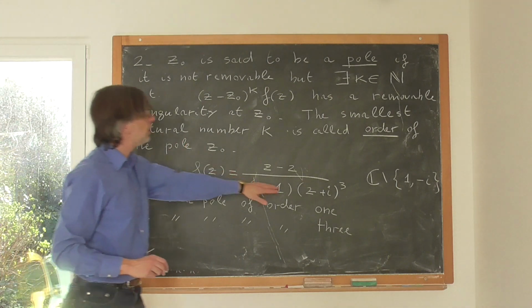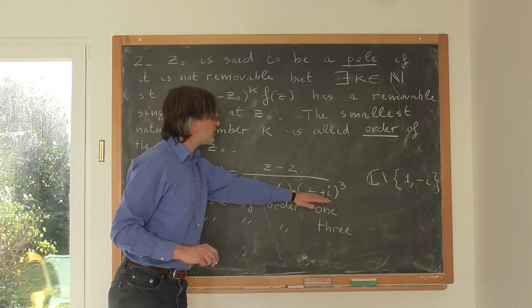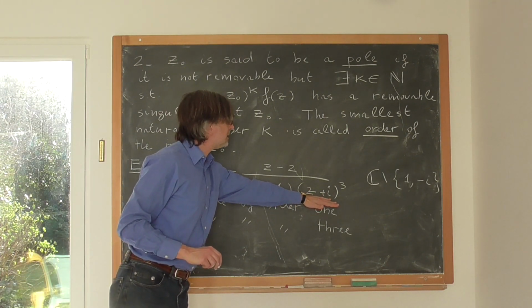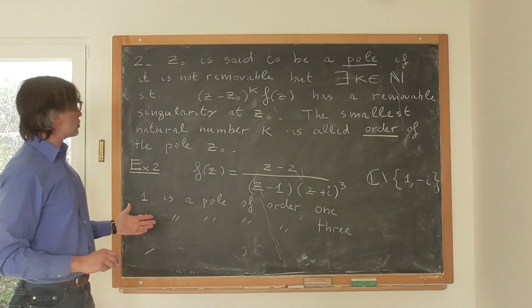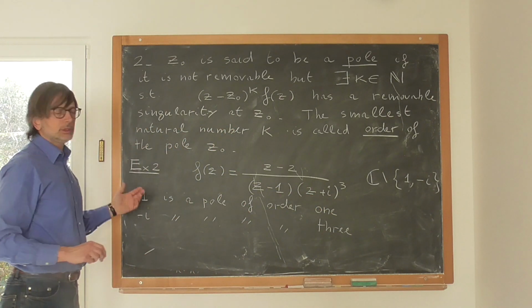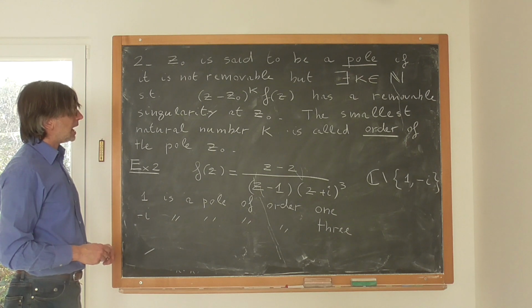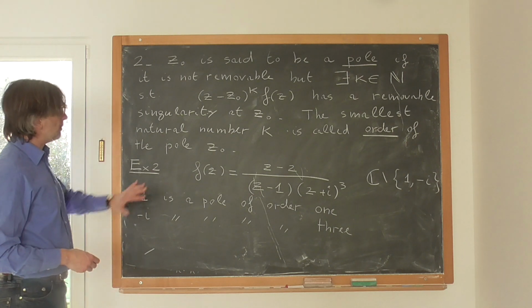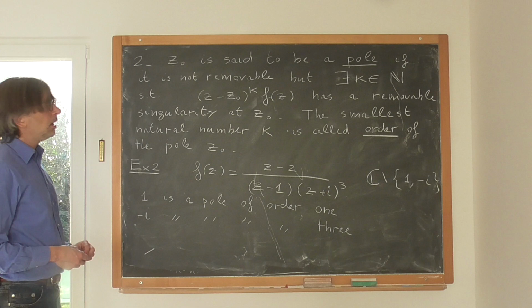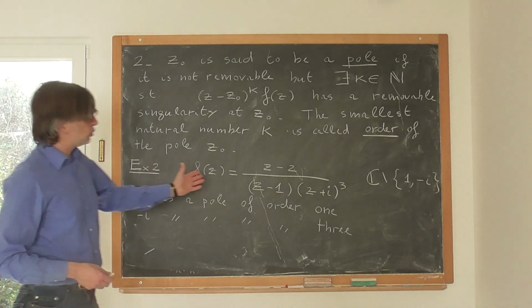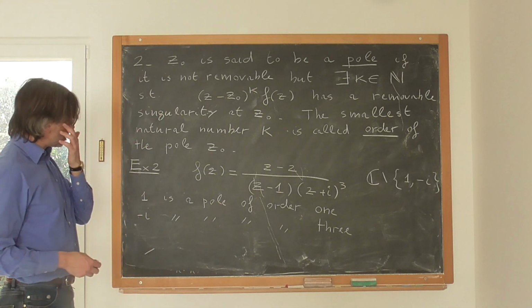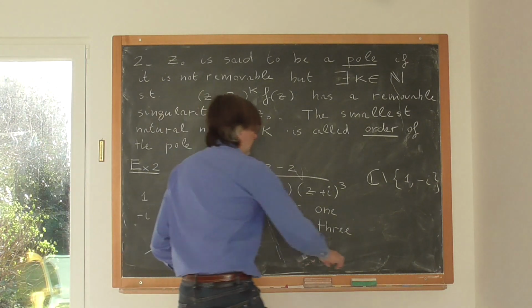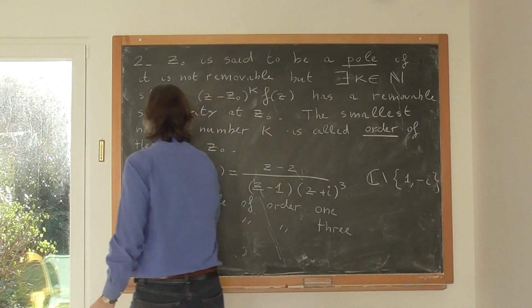You can easily check it. If you multiply by a smaller power of z plus i, the resulting function will not have a removable singularity at minus i.